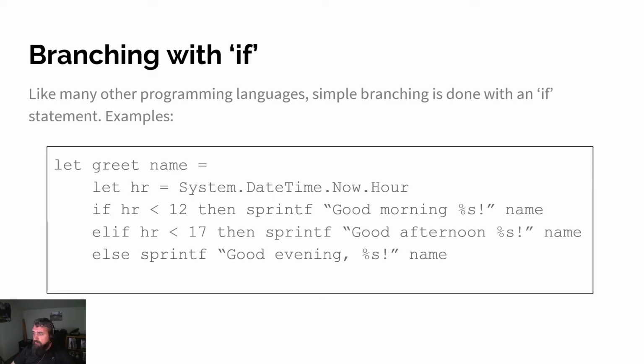The if statement: just like you would branch in every other programming language, there's an if you can do there. For example, this is a function called greet, and the first thing it does is name a variable hr, and it gets the current system date time hour.